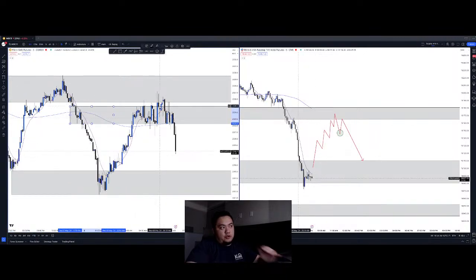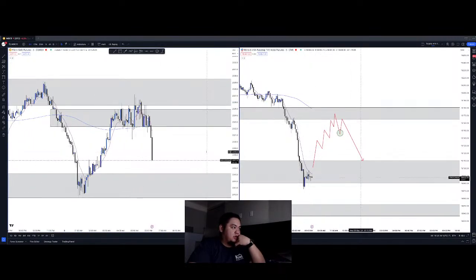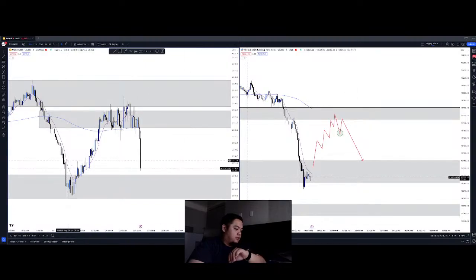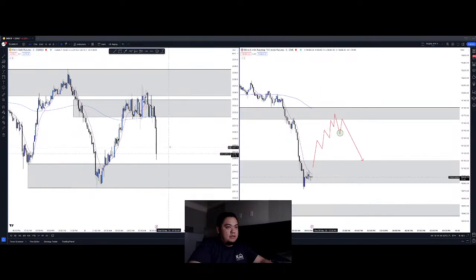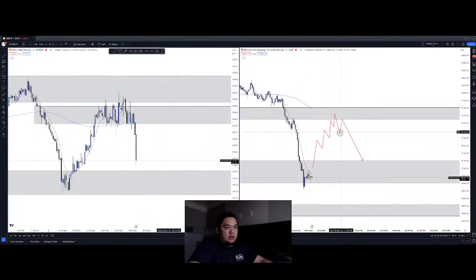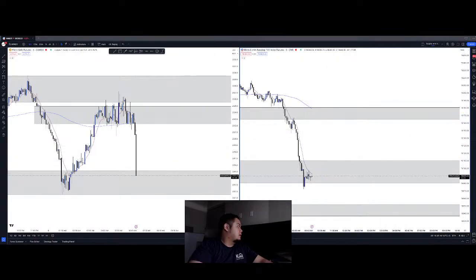I wanted to go short, but it was just so choppy here that I didn't feel comfortable. So, all right, gold is moving into the demand zone kind of fast before open. So I might be a little cautious moving into it. All right, we are in demand.